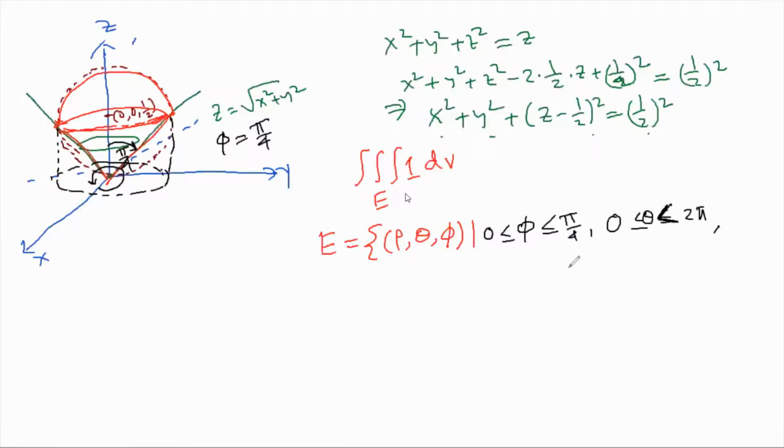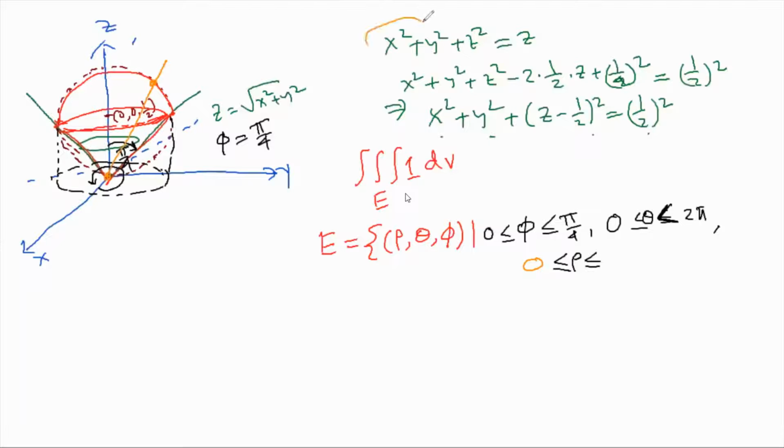Now the interesting thing would be where rho goes. Rho is the distance from the origin, right? So if you start from the origin and try to go through the solid like this, you enter the solid when rho equals 0, right? That's at the origin. And when you leave, you touch the sphere.